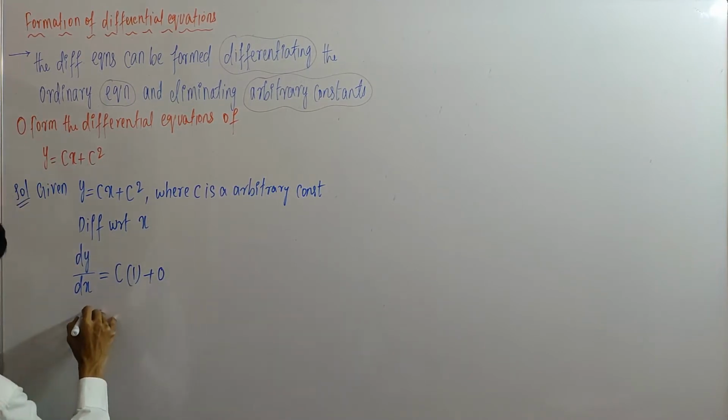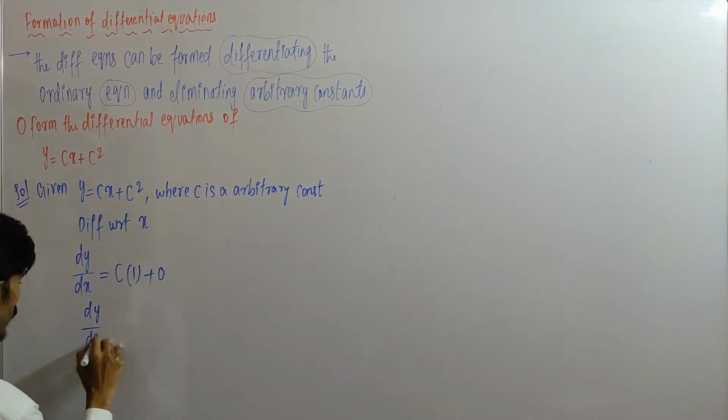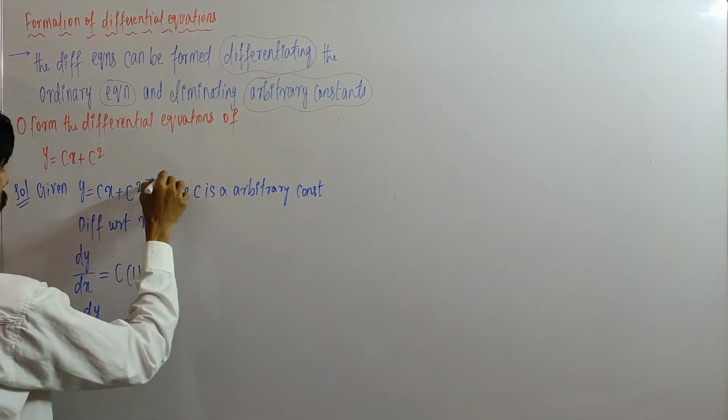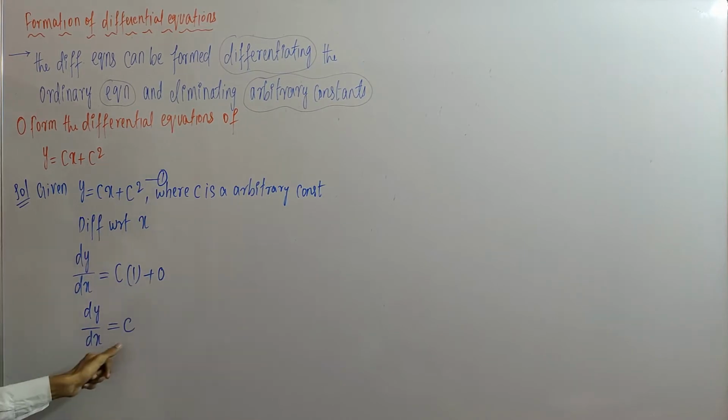So we'll get dy by dx is equals to c. So we have only one constant c, we have differentiated one time. Now replace this c by dy by dx in equation 1. Let us take this as equation 1. So substitute this c value in equation 1.